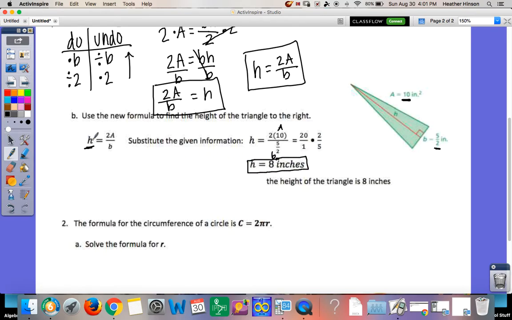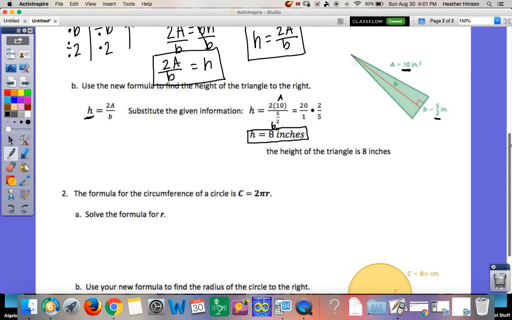So this just helps us solve for different values easier than having to plug it into a equals 1/2 base times height. If we solve for the letter first that we want, it's just a matter of plugging it into the calculator instead of having to solve a full equation.